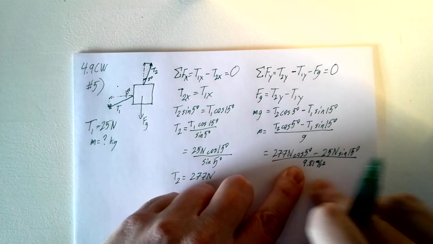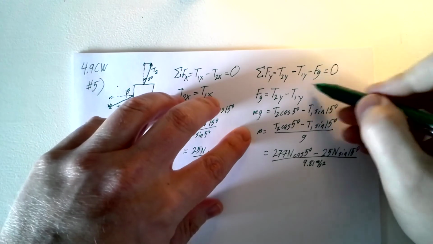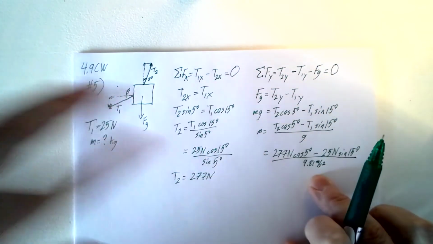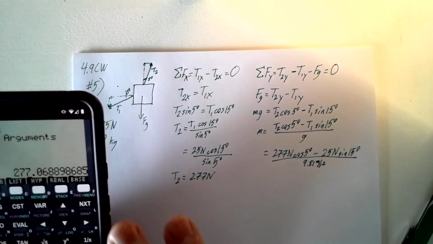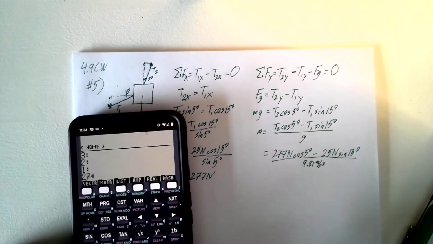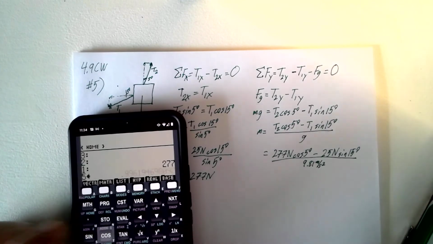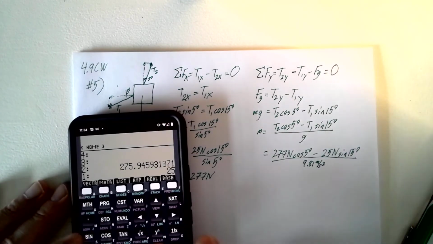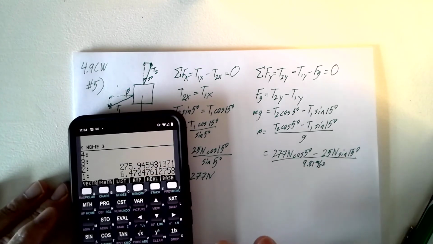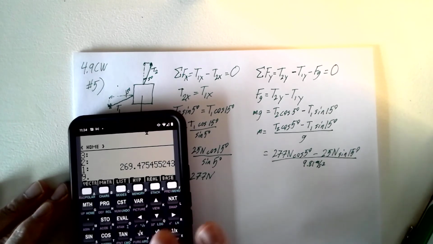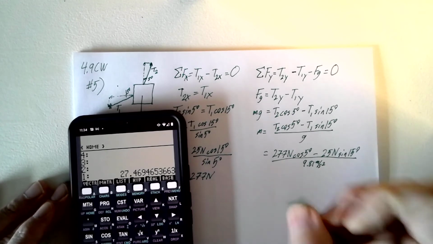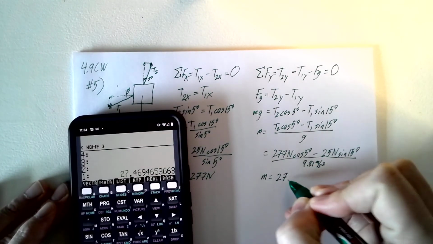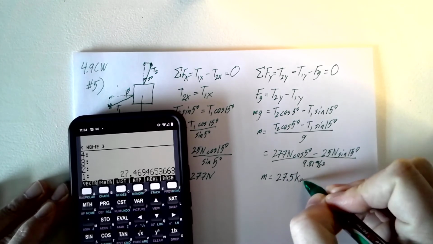So our G here is not negative because we've already dealt with the direction of gravity. Okay, so we just need the magnitude here. Alright, so 277. Alright, we get a mass of 27.5 kilograms.